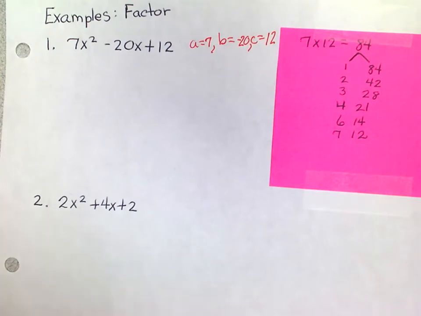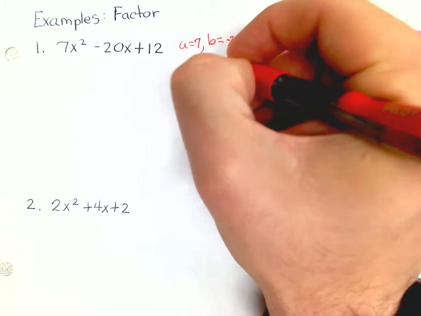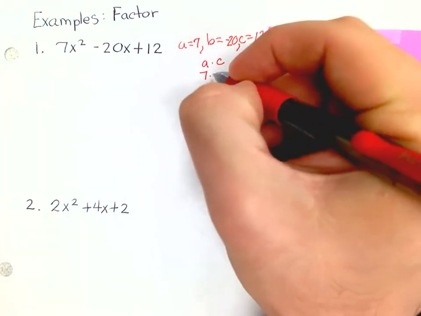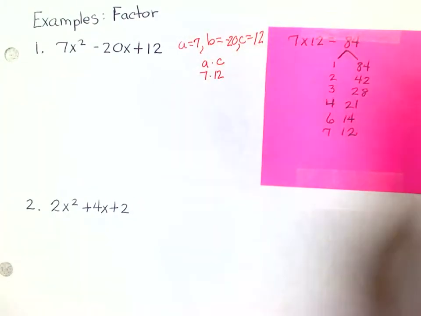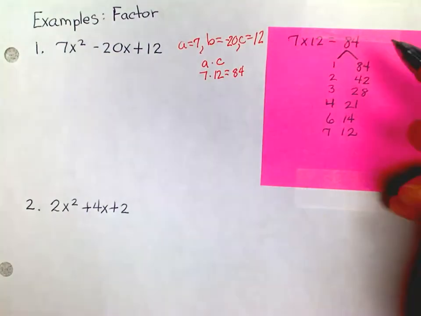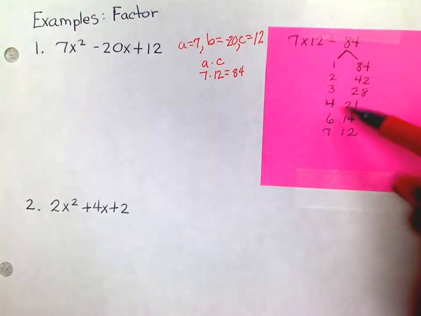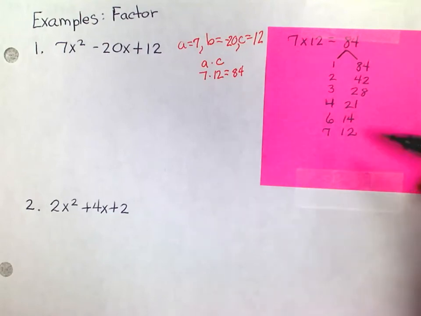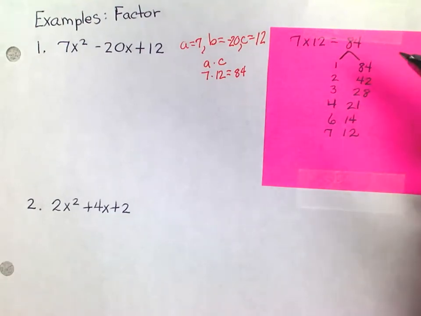Okay, so next step was to multiply A times C, so we'll have 7 times 12, and we get 84. And as you can see over here on the right, we have the things that multiply together to give us 84.